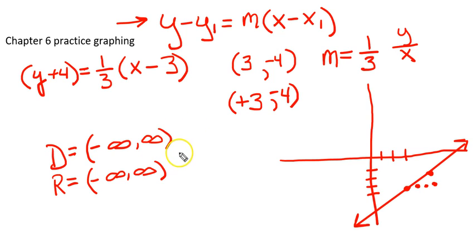But they don't want that, actually. They didn't ask for it in interval notation, but there's another little box out here that says all real numbers. And that's the box you check for both of these. All real numbers.